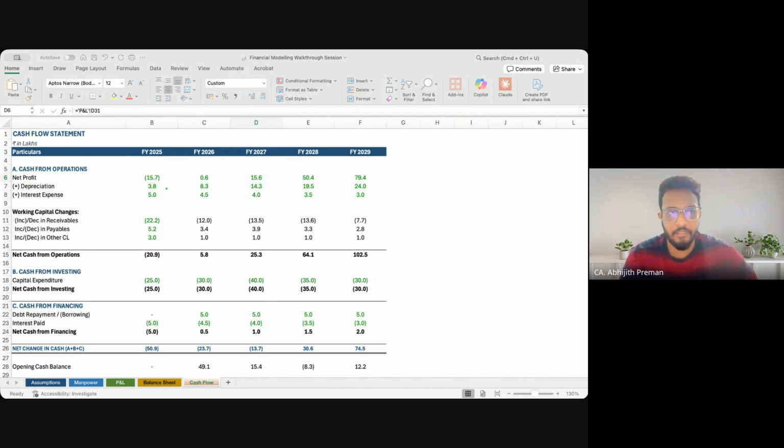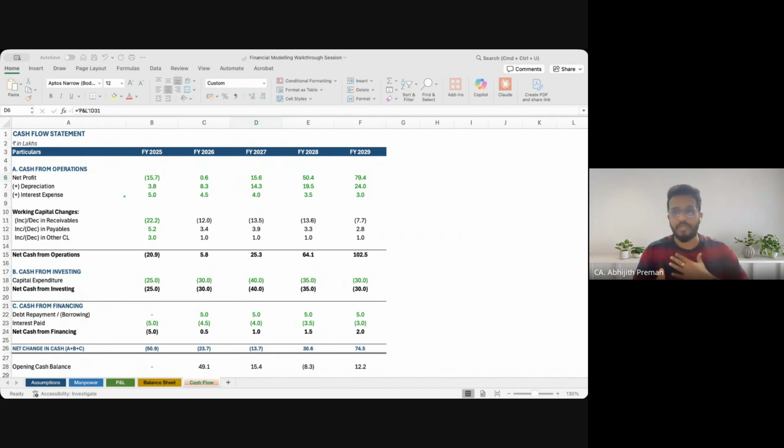So we add back the depreciation because that much cash we haven't given out of the business. Ideally, if we have done business, the profit is the remaining cash in our hand, which is why we take P&L as the first element. So we are assuming that 15.7 lakh negative should be our cash, but depreciation we haven't paid, so we are adding that back.